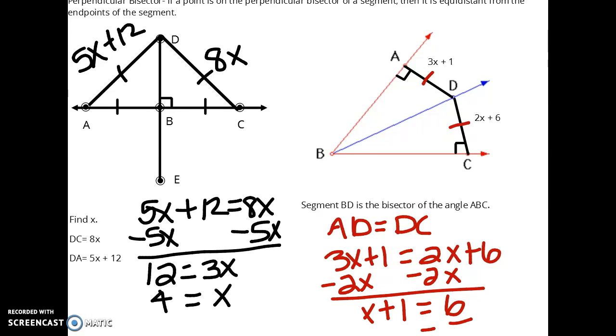Let's write that a little better. So if I'm trying to find the X or find X, I have found the solution to my problem. But if I'm trying to find the length of AD, I would have to put that 5 in for X in 3X plus 1, which would be 15 plus 1, which is 16.